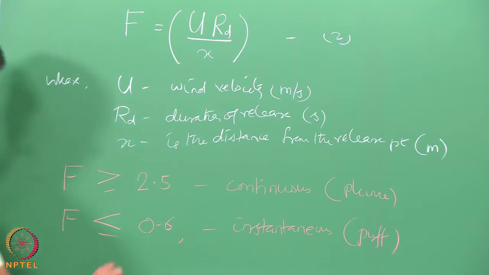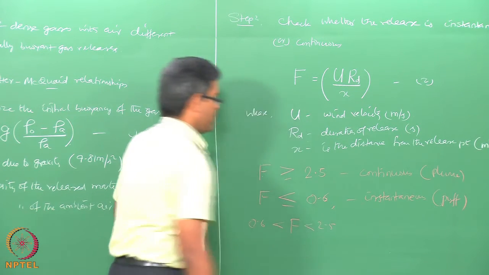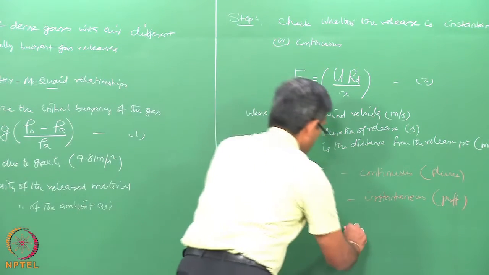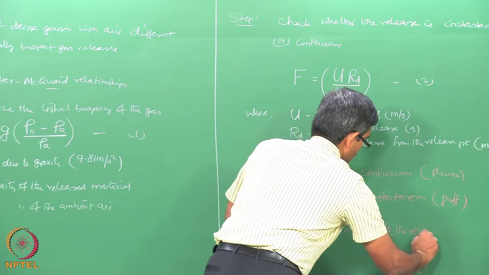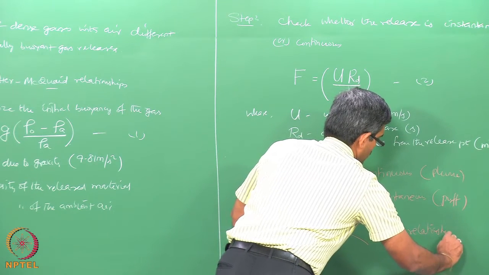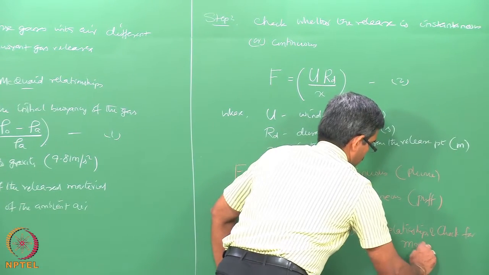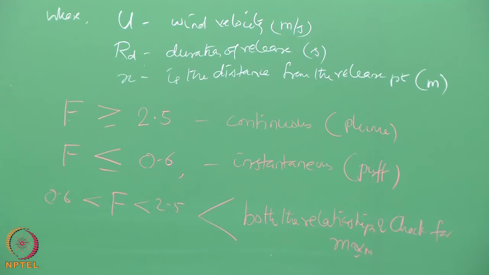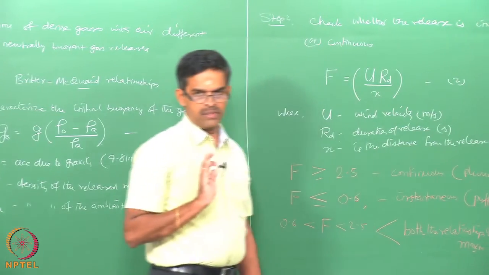In case f lies between 0.6 and 2.5, then you have to use both the relationships and check for the maximum, which should be used in the design. So, in step number 2, we have found out whether the release is instantaneous or continuous.